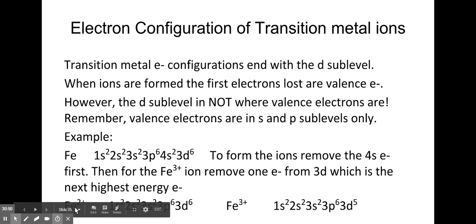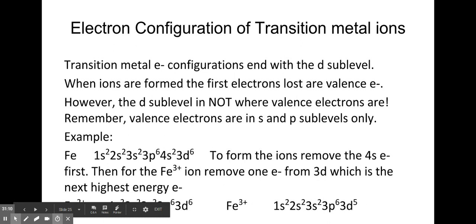So when we form this iron 2+ ion, it is everything that we see in the iron atom, but just take away those 4s2 electrons. Now, what if we want to form the iron 3+ ion?